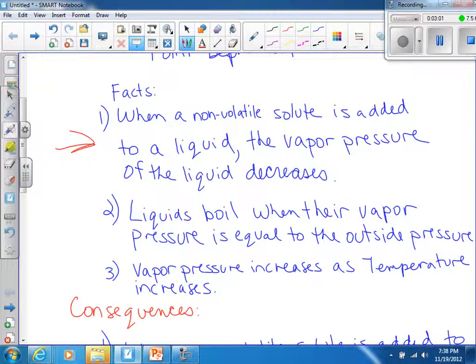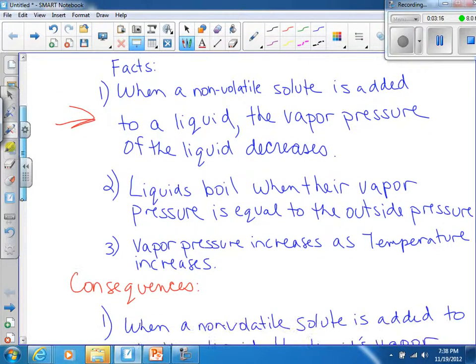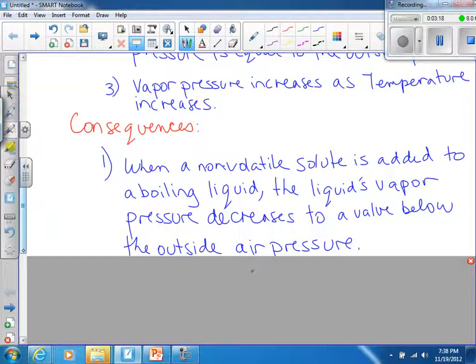So this boiling liquid, we add a non-volatile solute. You're probably wondering what that is, and I will explain it in a moment. The vapor pressure of that boiling liquid is going to decrease because of fact number 1, and the liquid is going to stop boiling because the vapor pressure will go to a value below the outside air pressure.